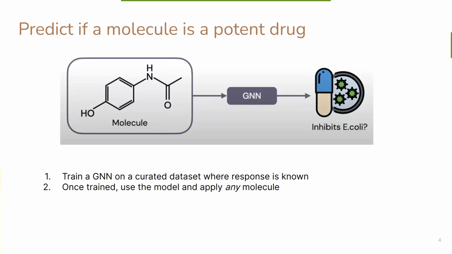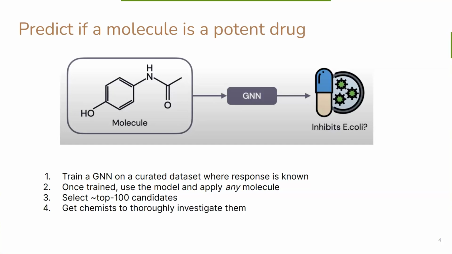And then we start training this GNN with the training data. Once we have trained the GNN, we can use it to evaluate a set of candidate molecules, say roughly the top 100 candidates. And then after we select these 100 molecules, we will thoroughly investigate them by chemists.